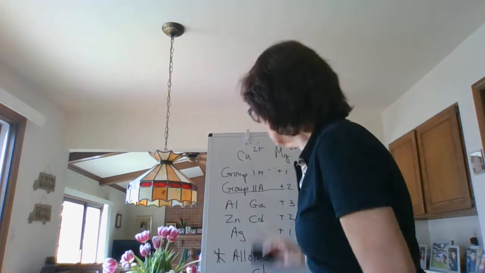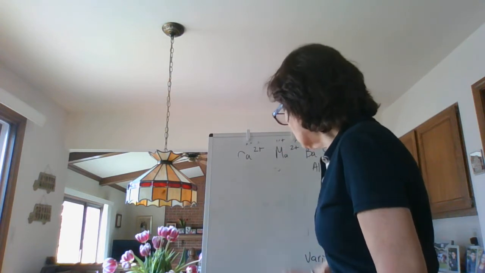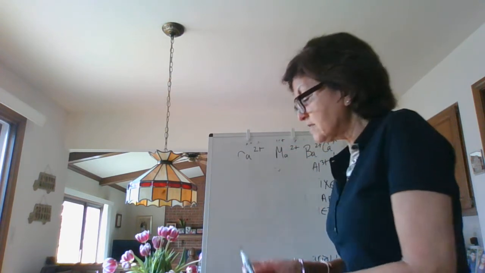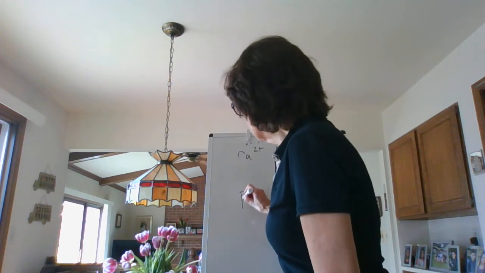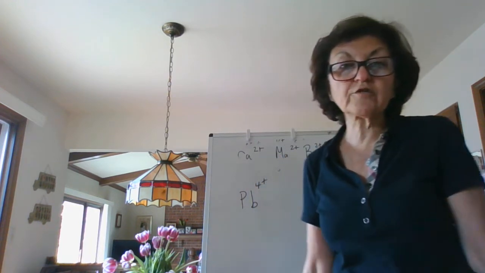And when you're naming a compound, and this is super important, when that compound has a variable charge metal in it, you must use a Roman numeral to tell me what the charge is. What do I mean by that? Well, let's say you want to create a compound that has a lead in it, and you want that lead to have a +4 charge.